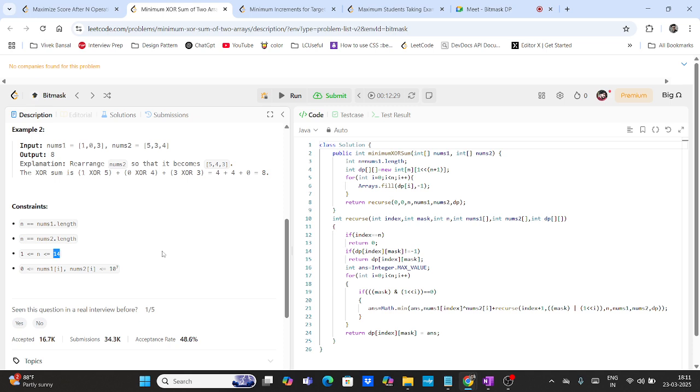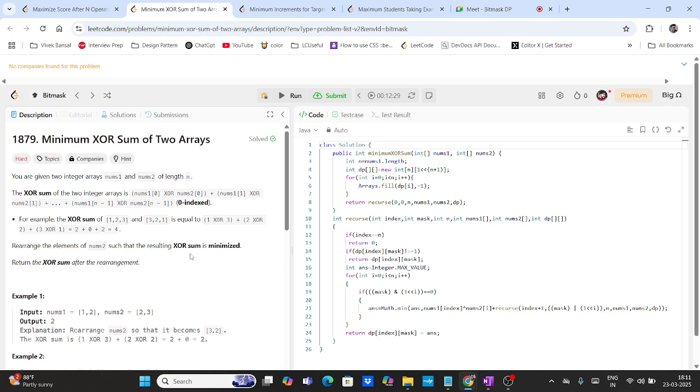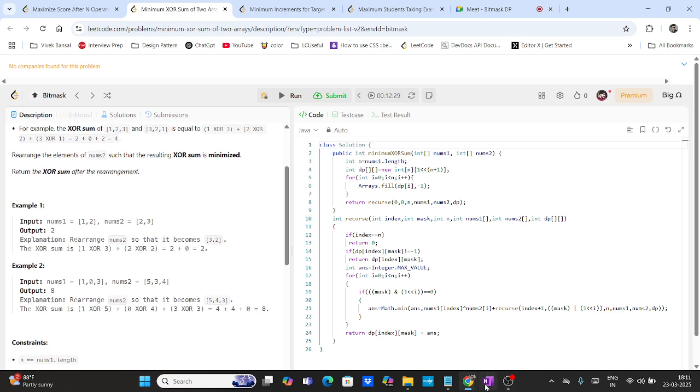Meet in the middle is kind of one technique, but it is for small constraints, mostly under 20, or around 30 or 40. If it is less than or equal to 40, we should think of meet in the middle. If it is less than or equal to 15, or maybe 20 in some cases, it should be a bitmask problem.